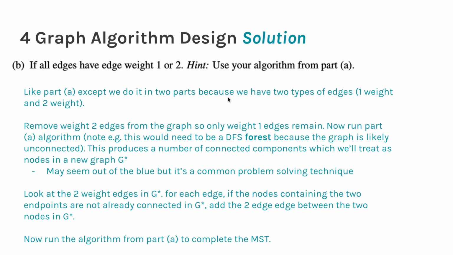So now you have a new graph with nodes, and in the second part of the algorithm, in your new graph you connect those new nodes in some way, and then you run another algorithm on top of that, and then you combine the two sets of edges from these two parts into a resulting tree in this case.